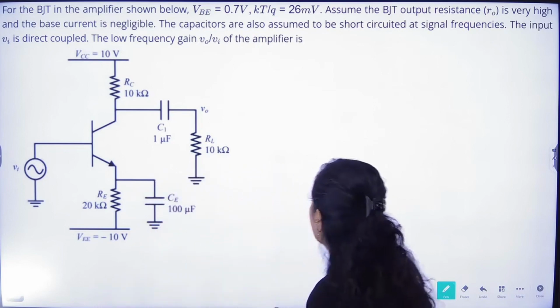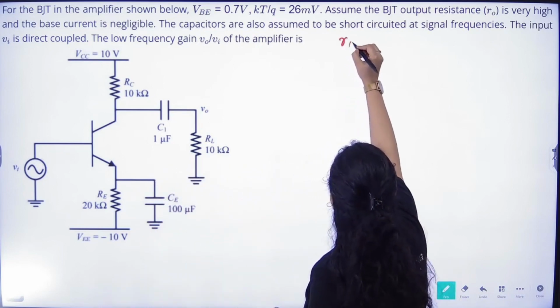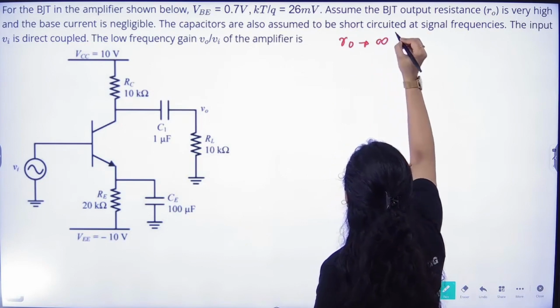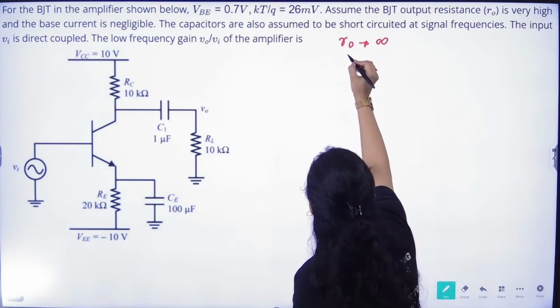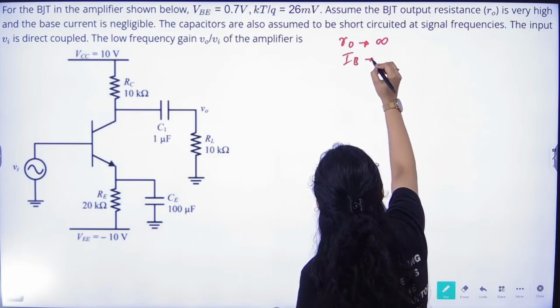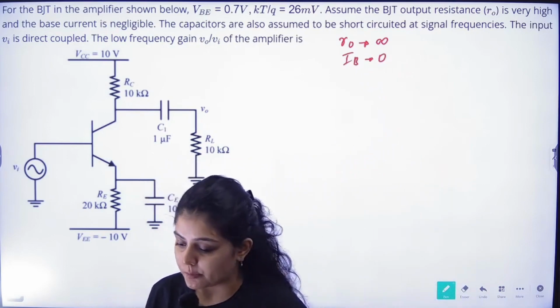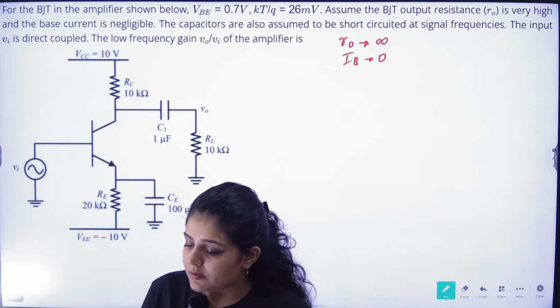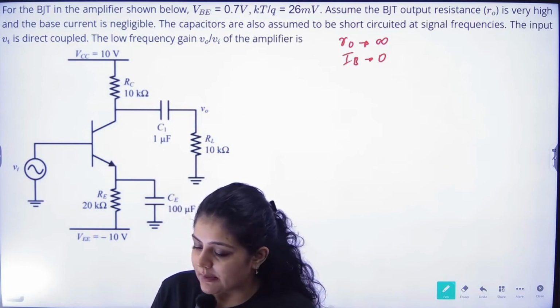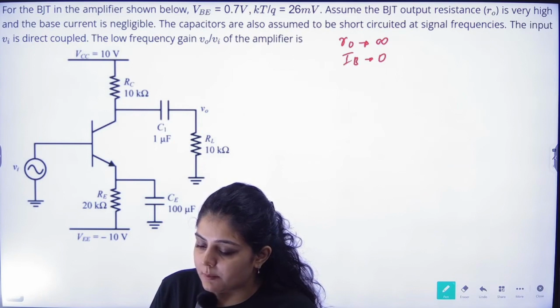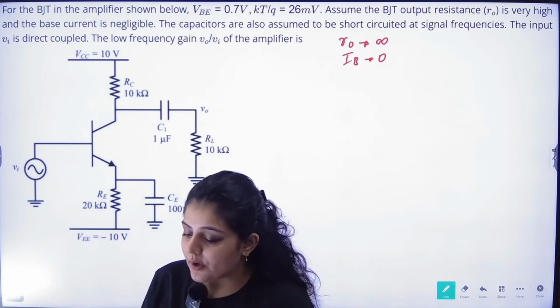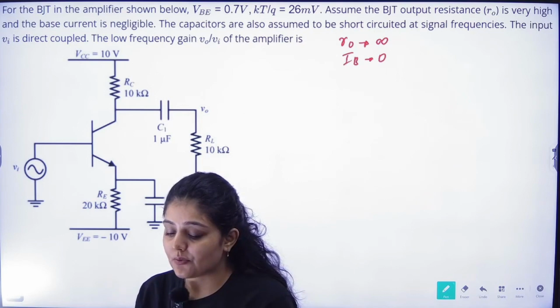So they are saying that the output resistance R0 is assumed to be infinite and the base current IB is assumed to be almost equal to 0. The capacitors are also assumed to be short circuited at the signal frequency. They are asking us to find out the low frequency gain V0 by Vi.